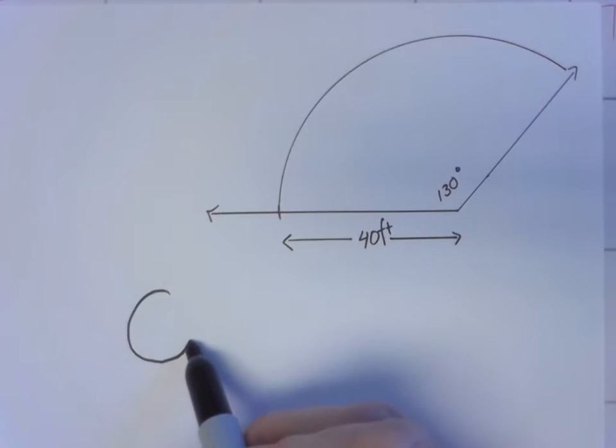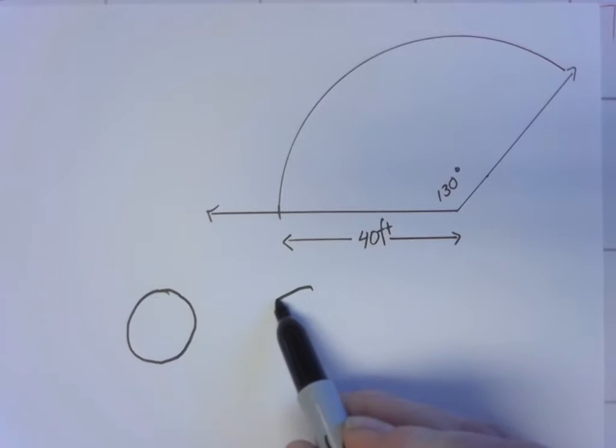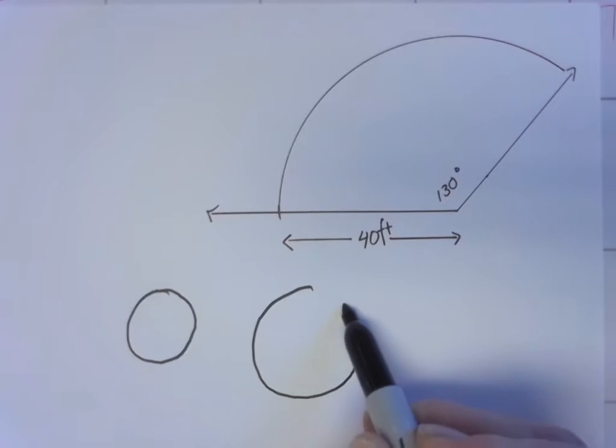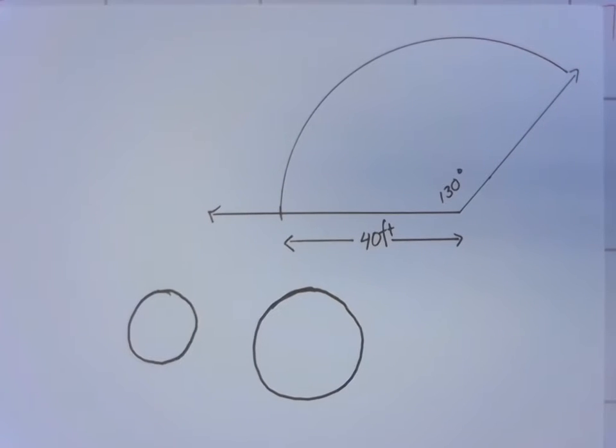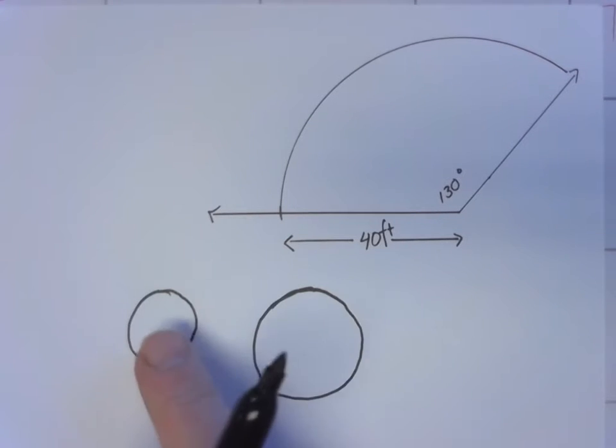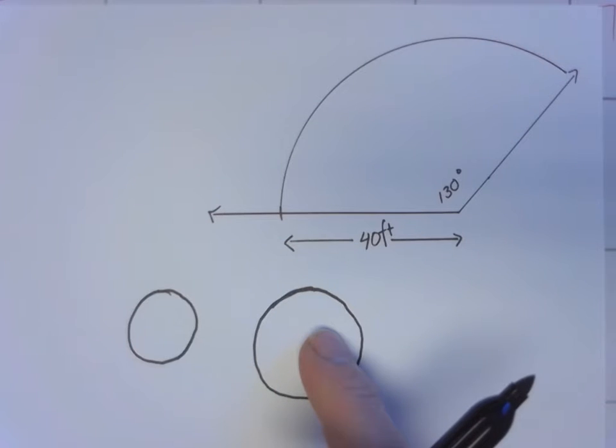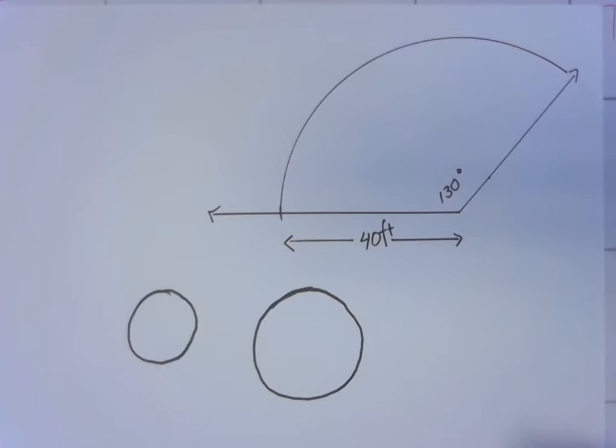I'm going to say that every single circle is similar to every single other circle. So it doesn't matter that they're not polygons; they can still be similar figures. And so let's take a look at these two circles and see how changing the radius affects the circumference and the area of the two circles.